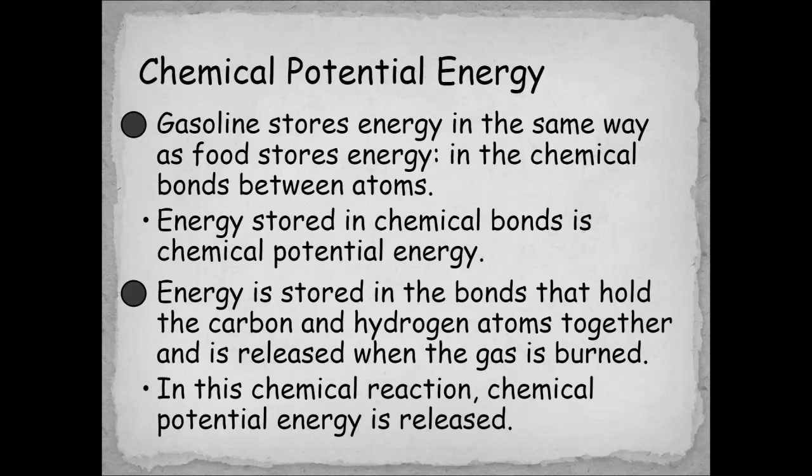It's released when that fuel source undergoes combustion, right? When it's combusted, then it releases energy, and that's kinetic energy, thermal energy, but just in the form of gasoline or whatever that fuel source is, it has the potential for kinetic energy in its bonds, so it's contained in its chemical bonds.